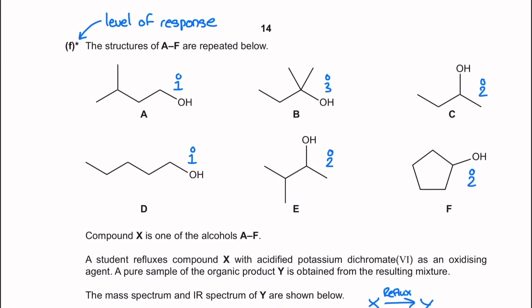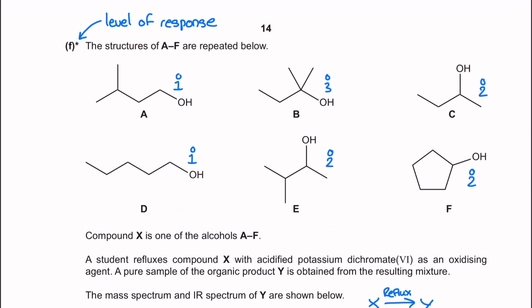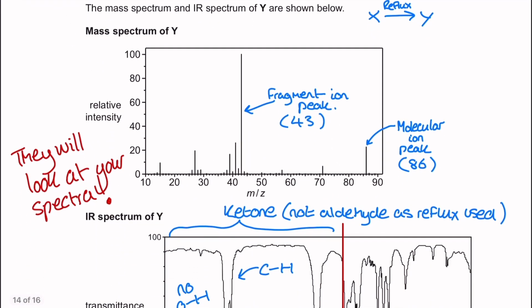Moving on with section F of the question, the structures of A to F are repeated below. So these were shown earlier in the question. And the gist of this question is that one of these is a compound called X, and X is oxidized with acidified potassium dichromate solution under reflux to form a compound labeled Y. And then they've got the mass spectrum of Y and the infrared spectrum of Y shown below.